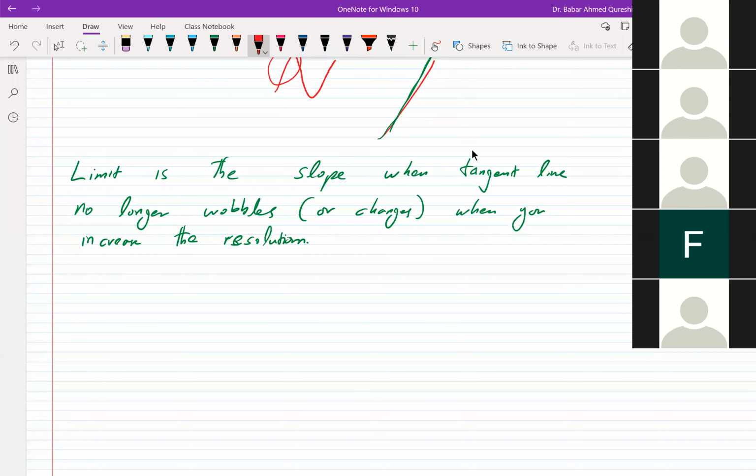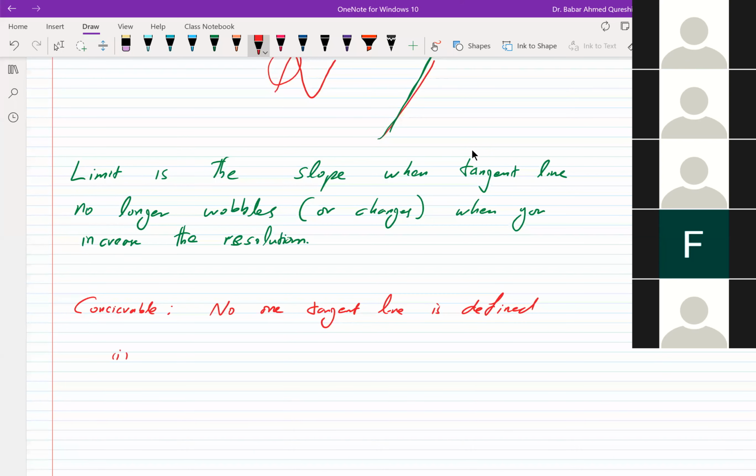So it's quite conceivable that no one tangent line is defined. So how can it happen?